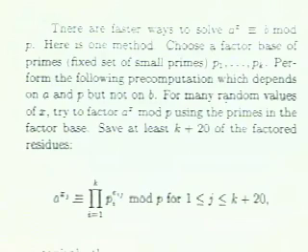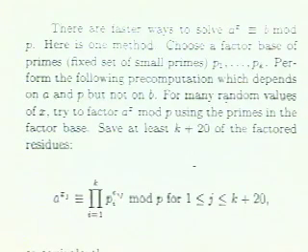Okay, so I'm just going to flip through the rest of the transparencies quickly. There are some faster ways that you can solve the congruence a to the x congruent to b modulo p.